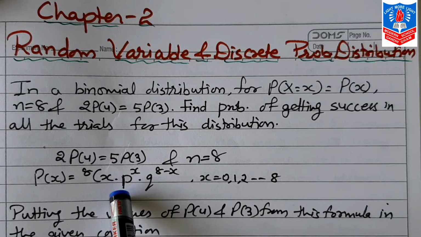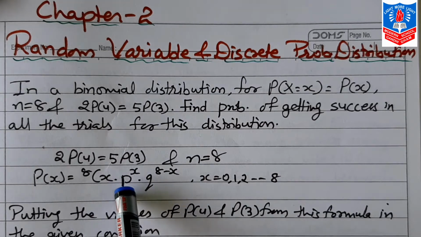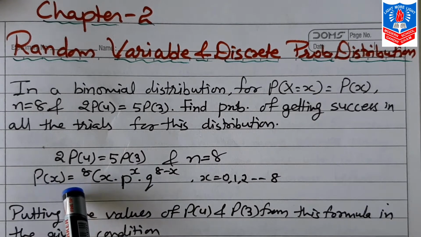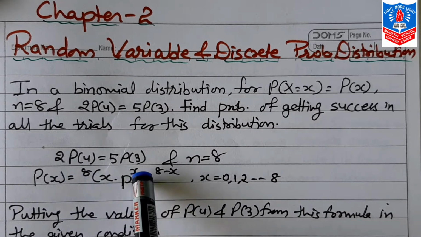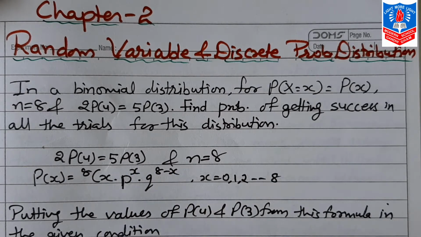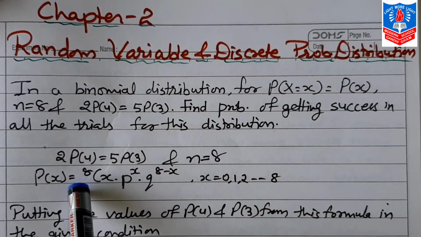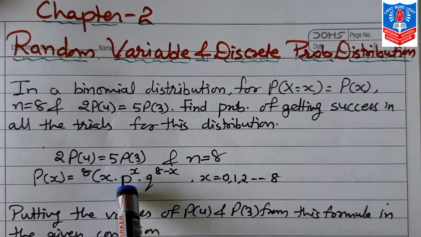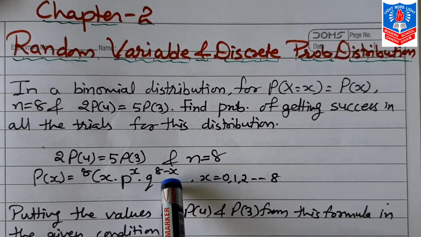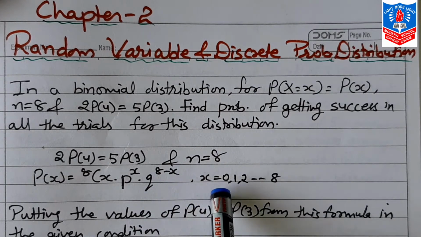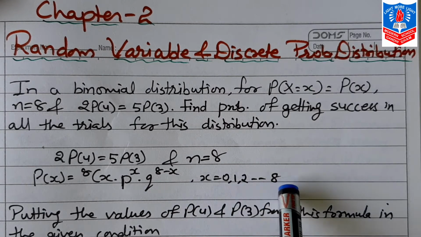Which probability? The binomial probability distribution. Formula: P(x) is equal to nCx p raised to x q raised to n minus x, where only n is given, that is 8. So here 8Cx p raised to x q raised to 8 minus x, where x is 0, 1, 2 up to 8.